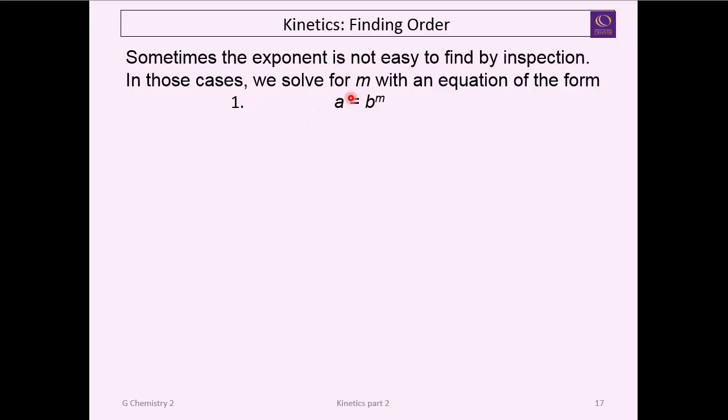If we can get this form down to this, A equals B to the M, and I want to know the M, my math says take the log of both sides, the log of A and the log of B to the M. Then if you have an exponent raised to the log, it's going to fall out, and you're going to have M by itself, and you isolate the log of A over log of B. So this expression, when you take the log of both sides, can be rewritten as this.